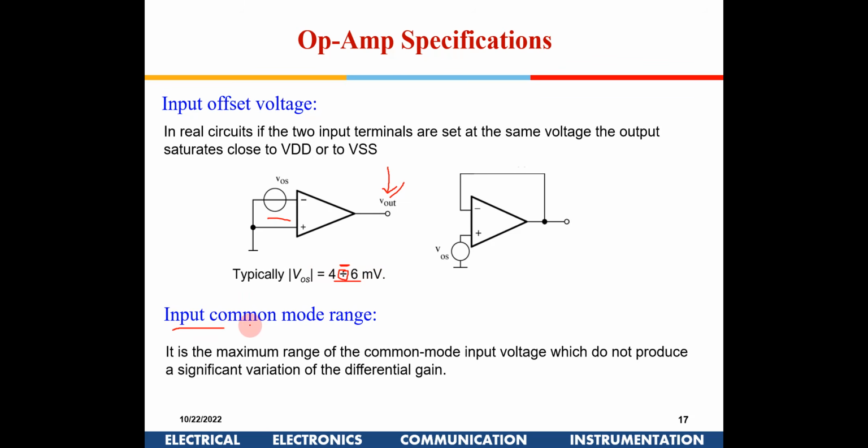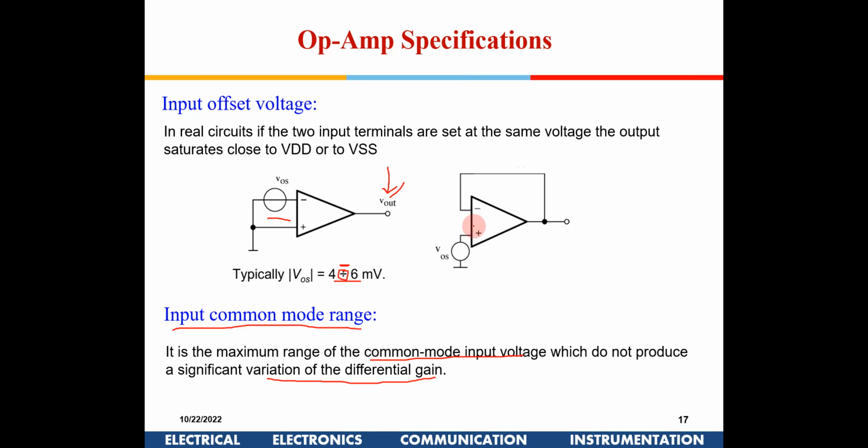Okay, input common mode range, which we saw for a differential amplifier. It is that common mode input voltage variation which does not significantly affect the differential gain.